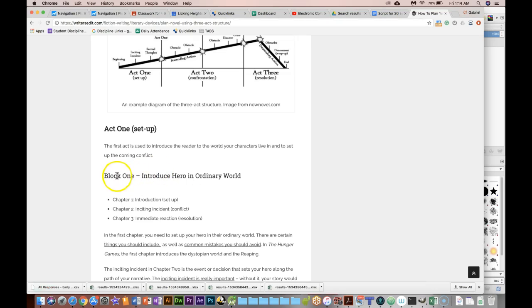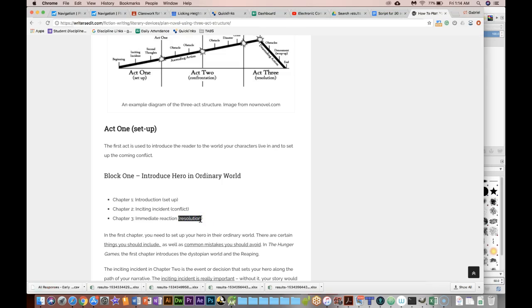Here we can see they broke it up into blocks. Block 1 is introducing the hero in the ordinary world, which would be our beginning, then the inciting incident, and then the immediate reaction. Inside of that we have our setup, our conflict, and our resolution.